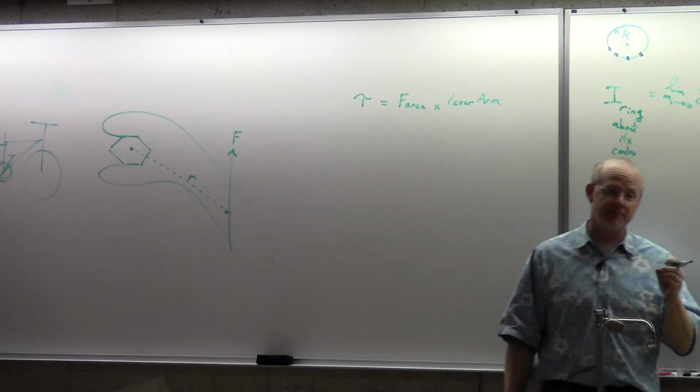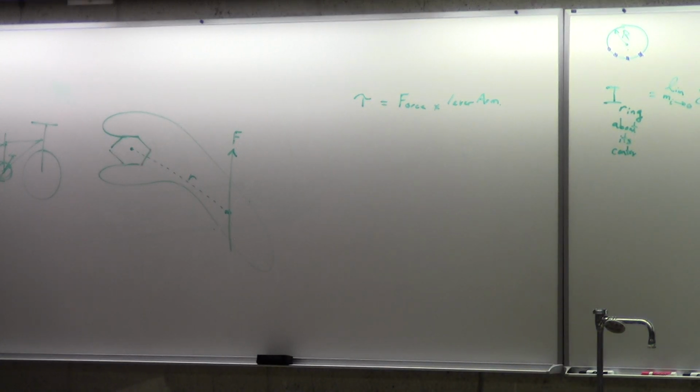What if I did not apply a force that was perpendicular to the lever arm? I don't want to get away from the word lever arm now, but maybe for one last time I'll call that the lever arm, because we're going to modify our definition of lever arm in just a second. But what happens there? That's why we did all of our components.